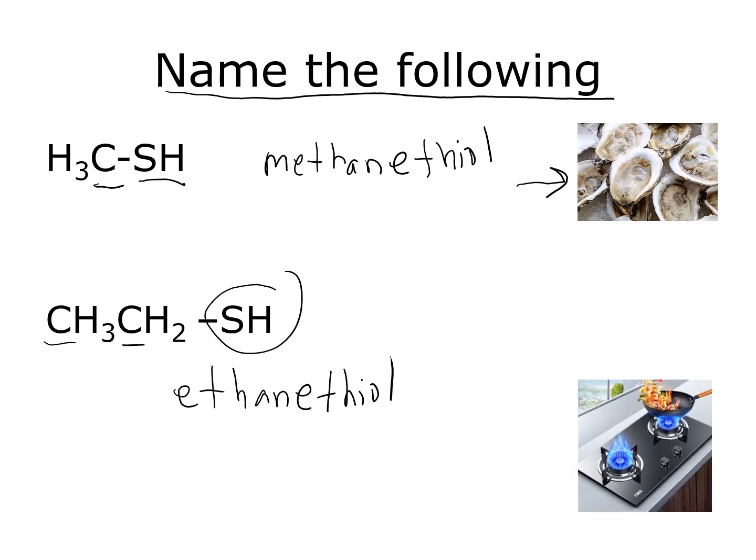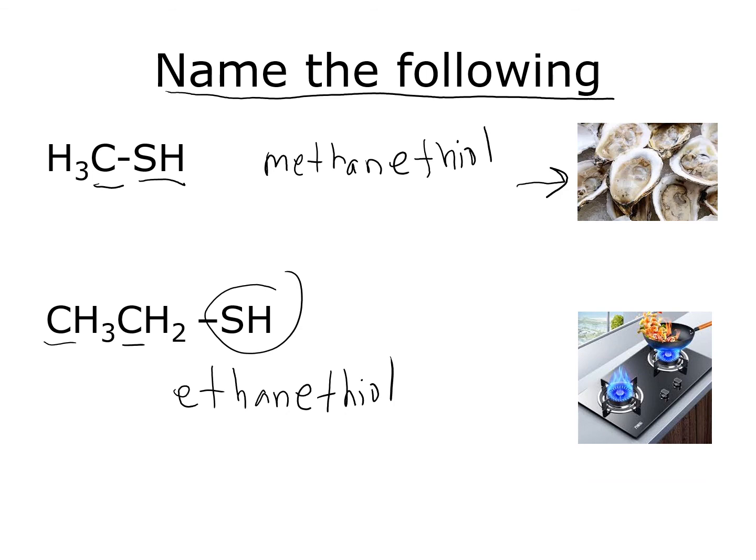And ethane thiol is the compound that's found in natural gas. Now this is the compound that's added because it smells. So methane, which is what natural gas is, does not smell. This is an extra compound that's added to it so that if you have a gas leak, you're going to smell that. So your smell from natural gas is actually due to ethane thiol.